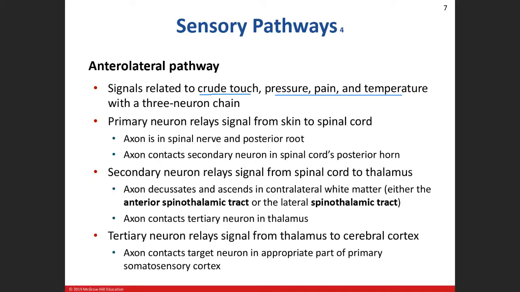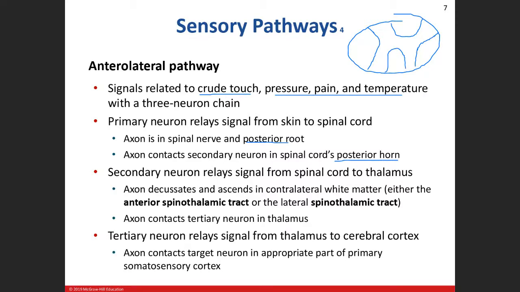So the primary neuron is going to travel from the skin, up the arm, into the spinal cord, through the posterior roots, and then it's going to enter into the spinal cord through the posterior horn. Our spinal cord has a gray H. This is white matter, and all this is gray matter.